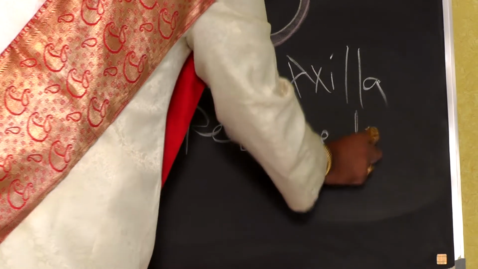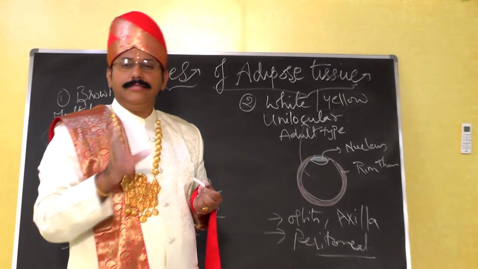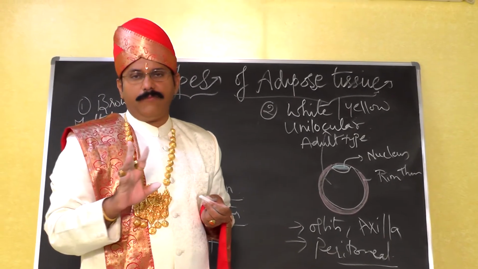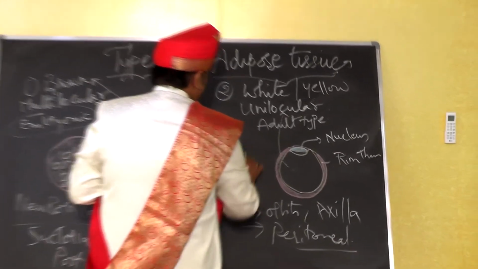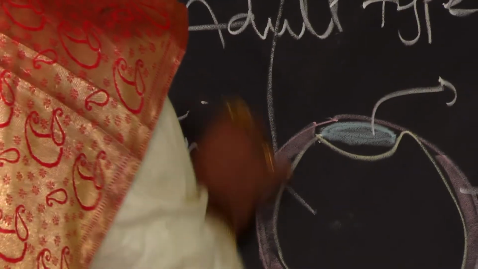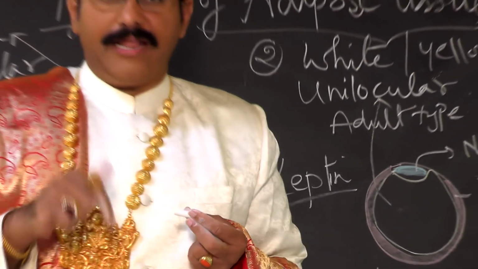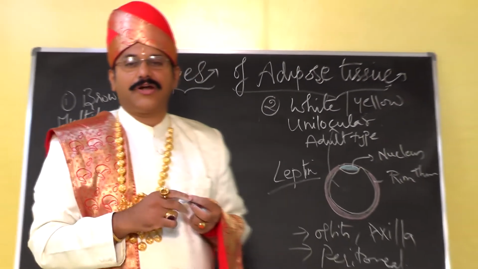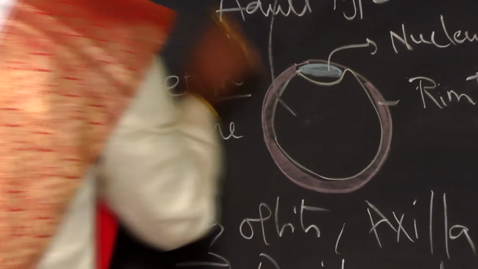Now please understand, the fat cells are extremely vascular and they don't have mitosis. They produce a hormone called leptin, which is produced by the fat cell. The production of leptin hormone is under the control of a gene with the same name, the leptin gene.